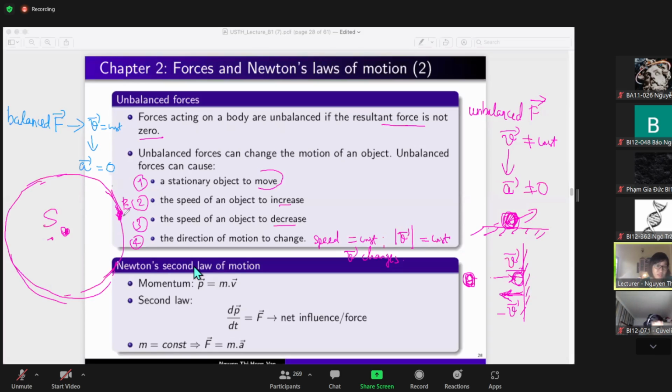The velocity is perpendicular to the trajectory. The magnitude of the velocity doesn't change, so the velocity here is still v, but the direction changes. The velocity points in this direction, then in this direction, changing all the way in direction, but the magnitude doesn't change.